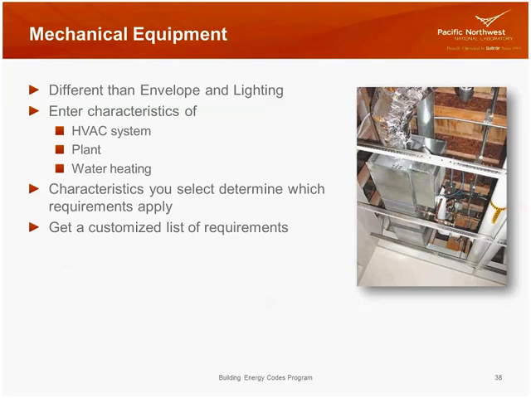So it works a little differently than the other ones do. The characteristics you enter enable the software to exclude a large number of requirements that don't apply to your systems. Mechanical can get very complex, but this also helps define and show on those reports everything that would only be applicable to your systems.